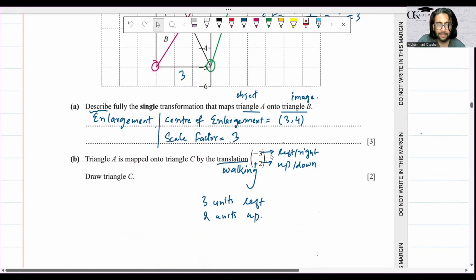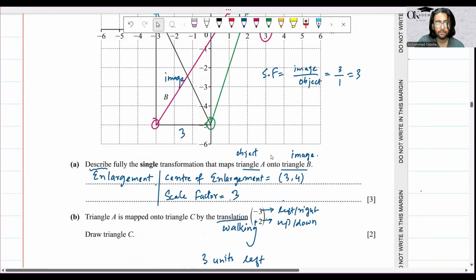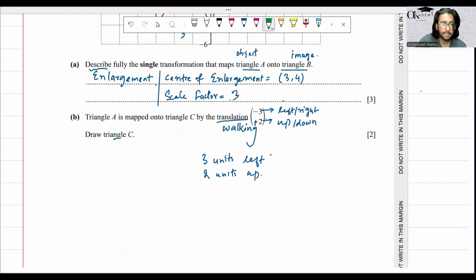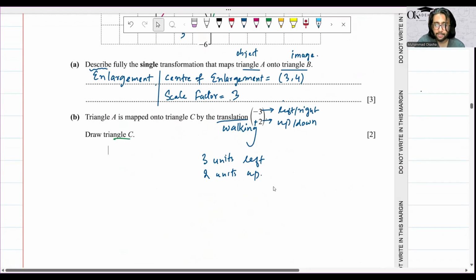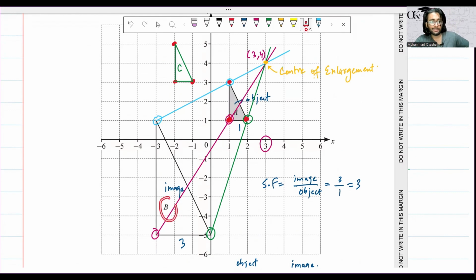We just drew a triangle, and that's all we were supposed to do. Make sure to label it. Don't just draw the triangle, but also label it. Just like this triangle is labeled as triangle A and this triangle is labeled as triangle B, make sure to label your triangle to stay consistent with what everybody is doing. Draw the triangle C.